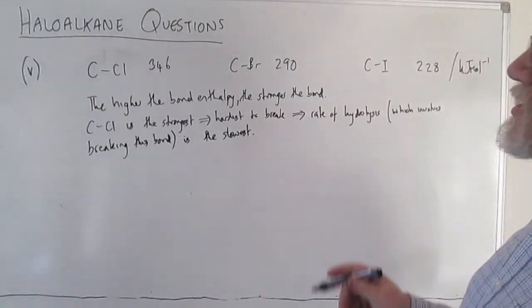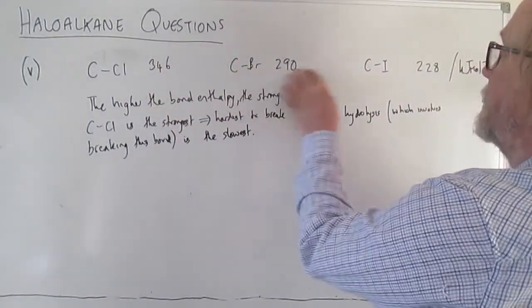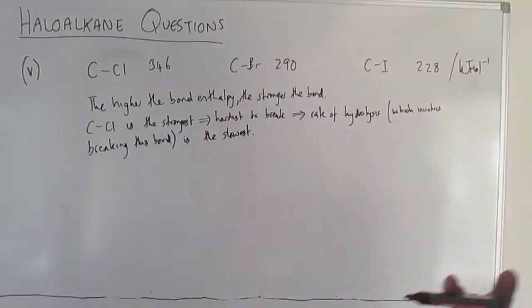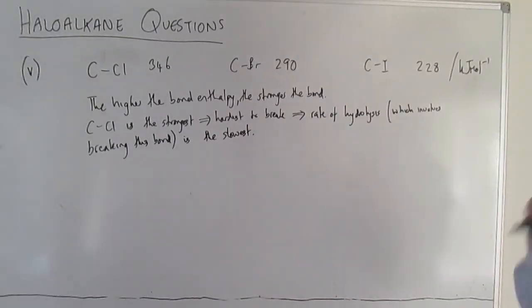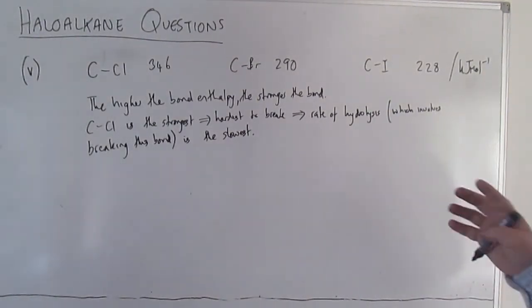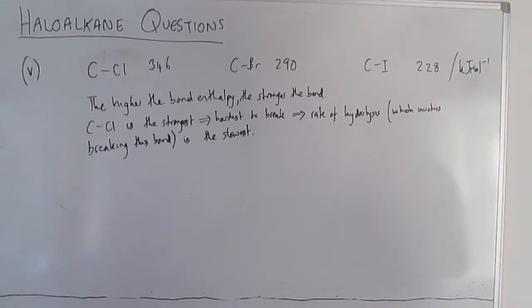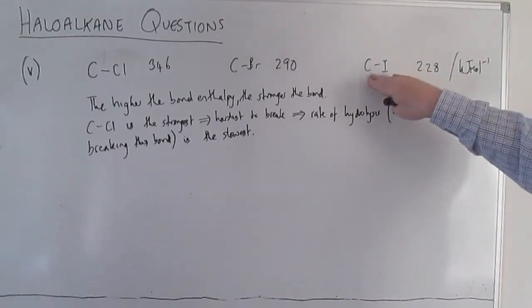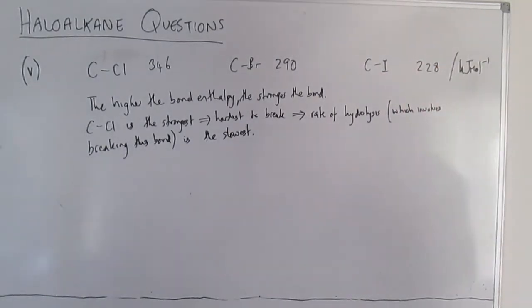Okay, so that's the correlation, that's the strongest bond, and that's what the numbers tell you, because it's got the biggest number there, so it needs the most energy to break it, and therefore it's the hardest to break, and therefore the rate at which it's broken is the slowest. And that's actually enough to answer the question. Conversely, you could say that C-I is the weakest and therefore reacts the fastest.